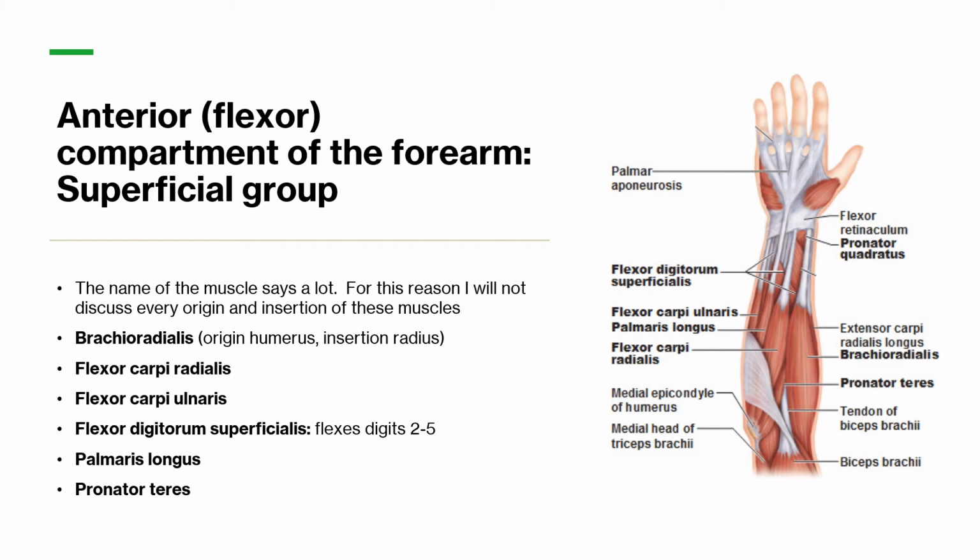The first digit tends to have its own special way of working. You have the palmaris longus and pronator teres. And you can look at this picture and study it to get a better idea of where these muscles lie.